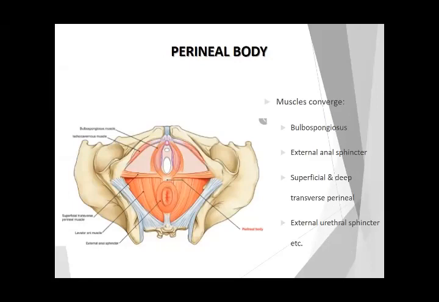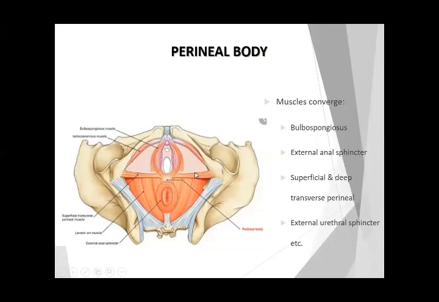These muscles are the bulbospongiosus, inserting into the perineal body. You have the external anal sphincter, fibers of the external anal sphincter also. Then this is the superficial transverse perineum.